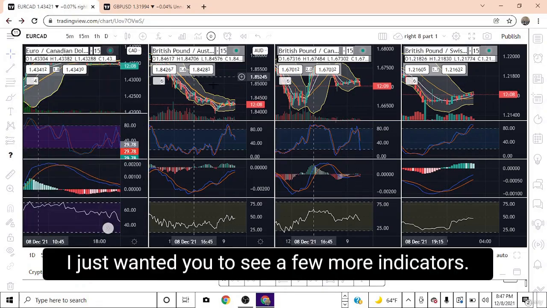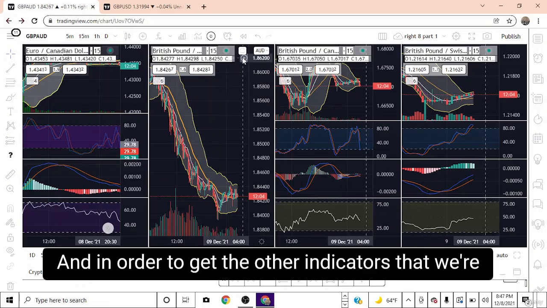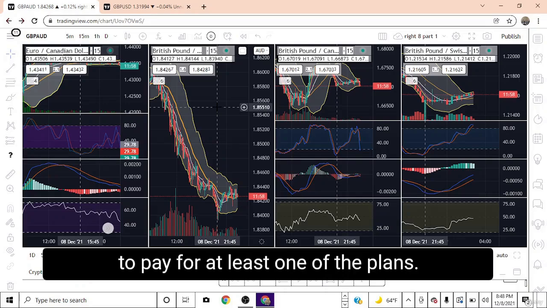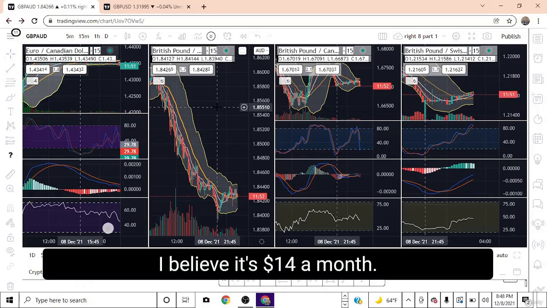I just wanted you to see a few more indicators, and in order to get the other indicators that we're going to talk about, it is possible that you have to pay for at least one of the plans. It could be the cheapest plan, I believe, is $14 a month.